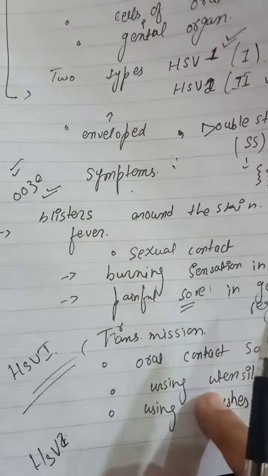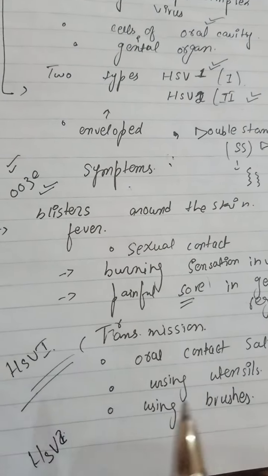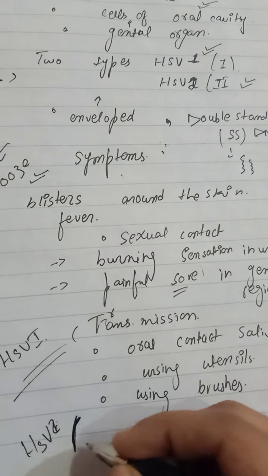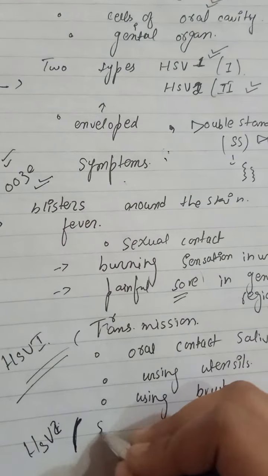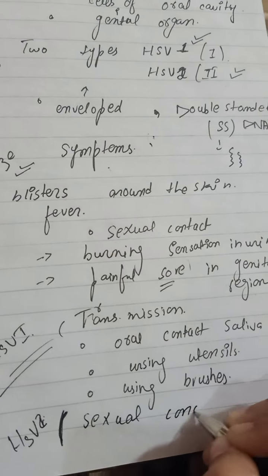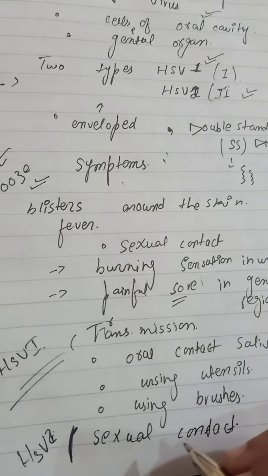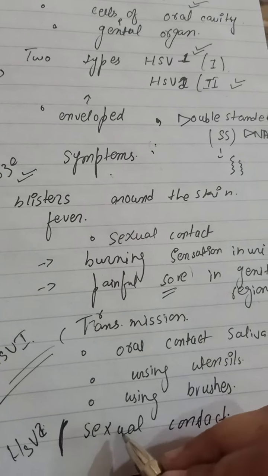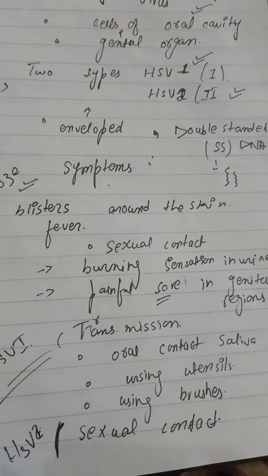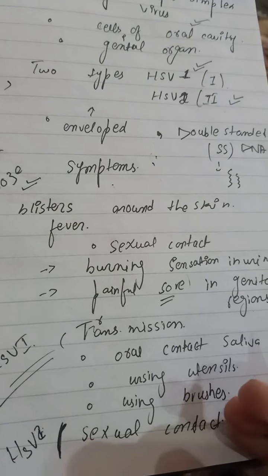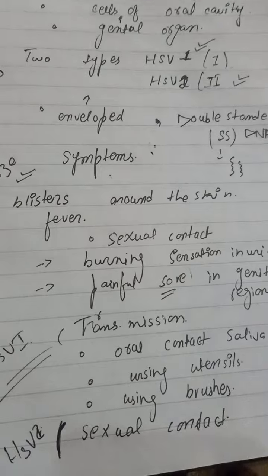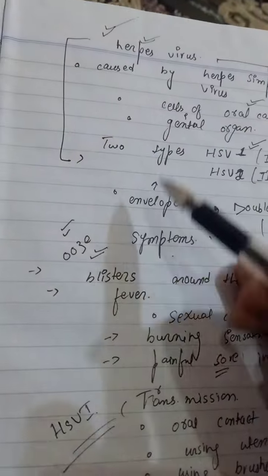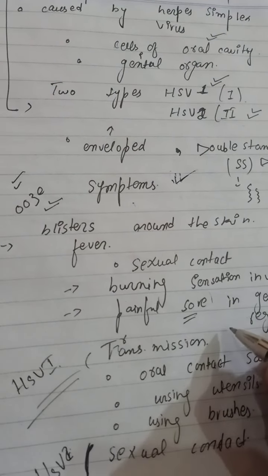Those were the transmission routes of HSV1. HSV2 is transmitted through sexual contact, and through this HSV2 can transmit from one person to another. So that was the herpes virus, its symptoms, and its transmission.